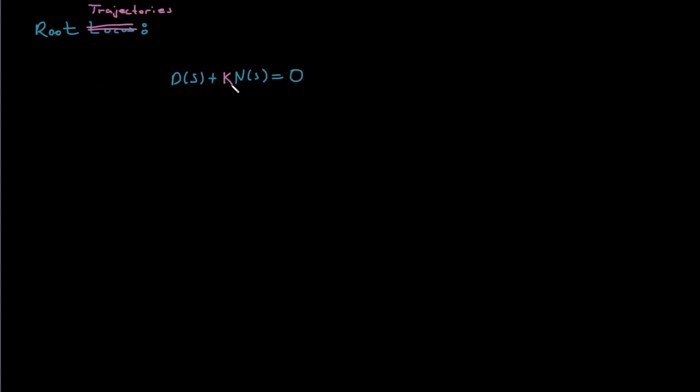So we change k from 0 to infinity, and we are interested in the roots of the equation d of s plus k n of s equals 0. As a matter of fact, the root locus can be said to be the trajectory of the roots of d of s plus k n of s on the s-plane.